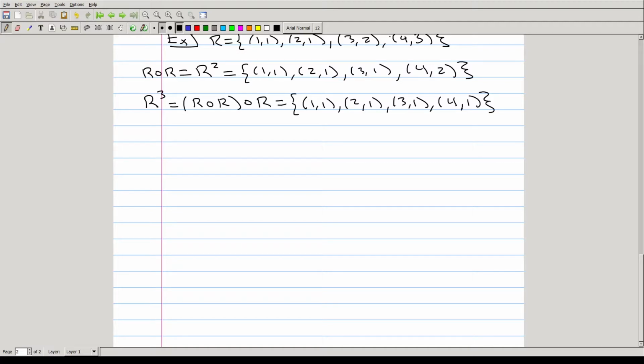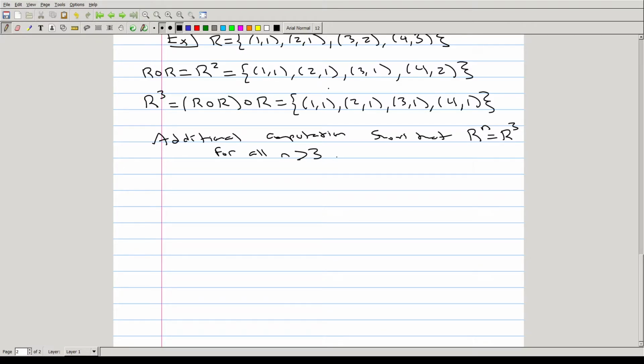And additional computation shows that R to the n equals R cubed for all n greater than 3.